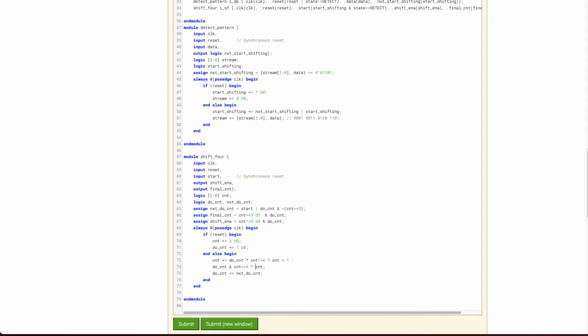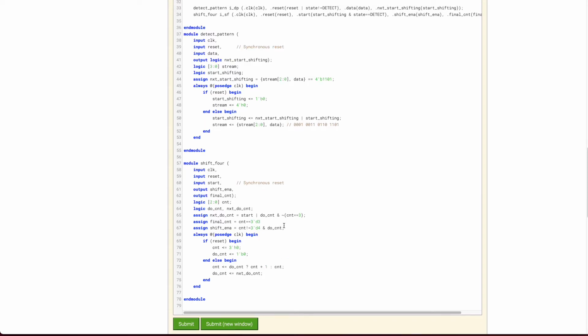If it is 4, then I just want it to be 4. Otherwise, if my do count is off, meaning... well, I don't have to do that.